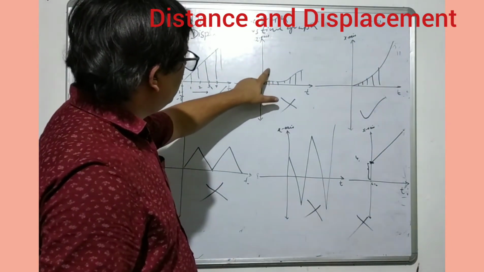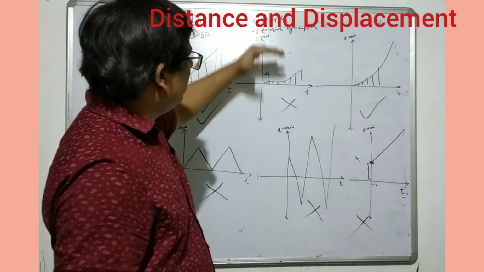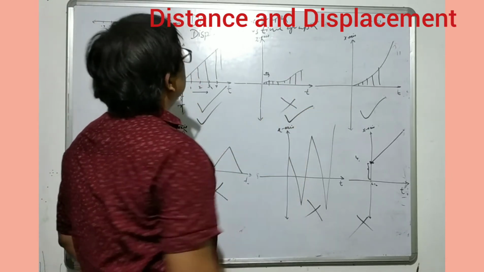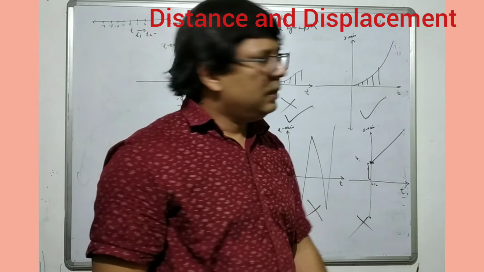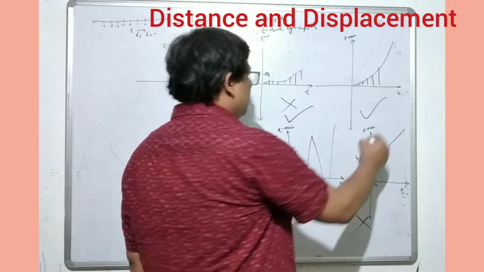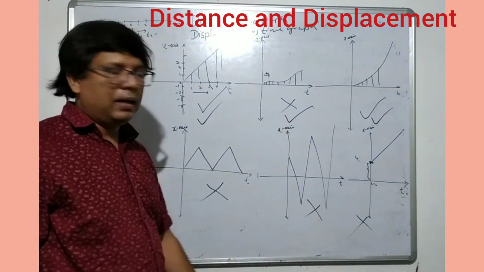But as this amount is less, its position is still positive. So it shows some positive position, and then again it is moving. So this may represent a displacement versus time graph. In this condition, again the same situation, so this will also represent a displacement versus time graph.